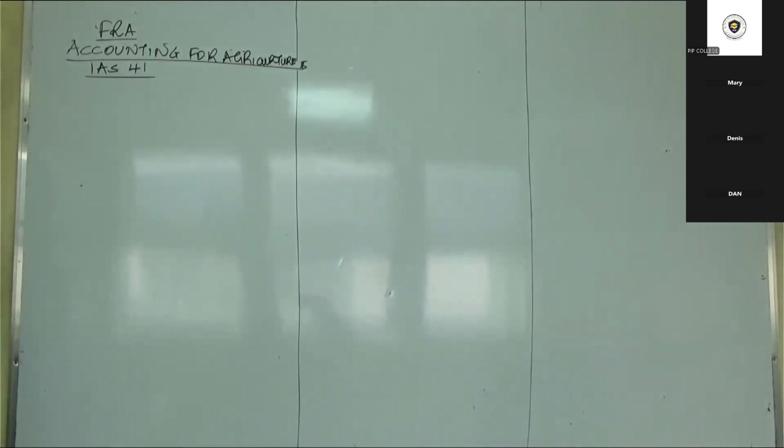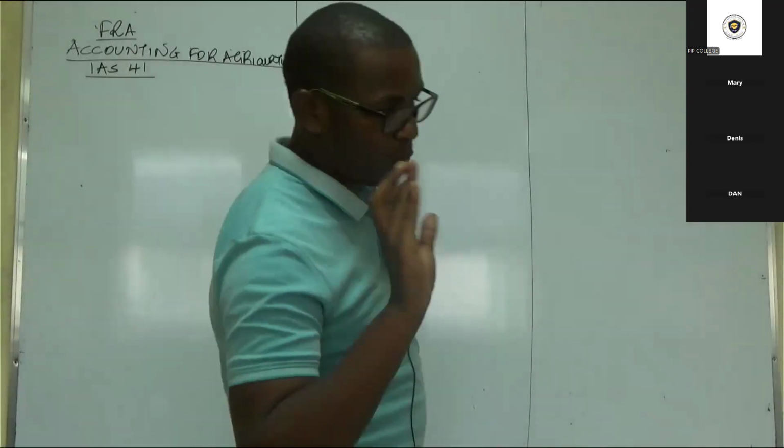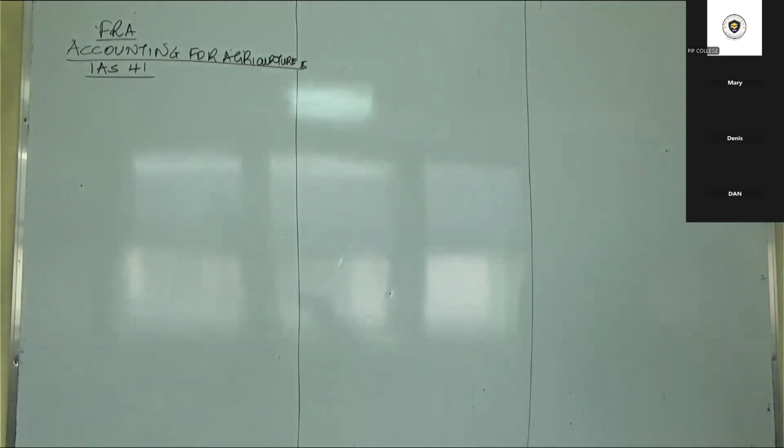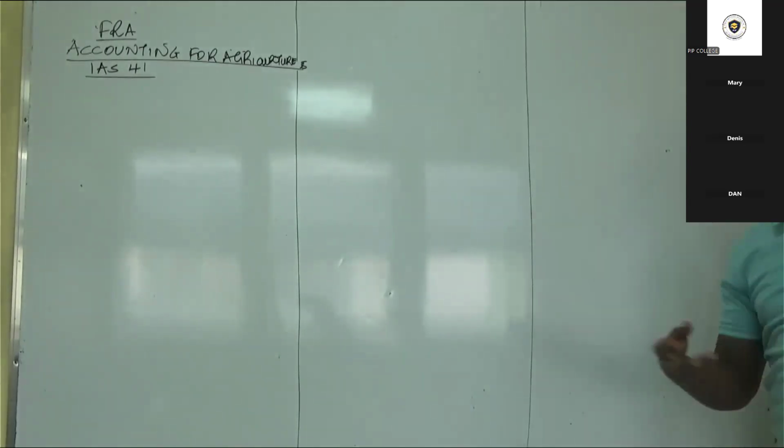Disclosure requirement is what I've been able to talk about. The circumstances in which an entity must or should recognize a biological asset. Now we want to know, how do we treat them?